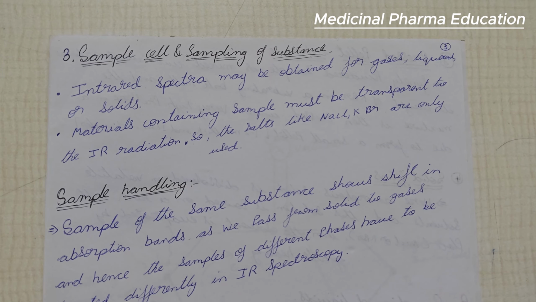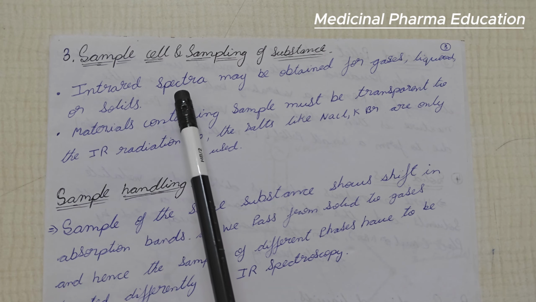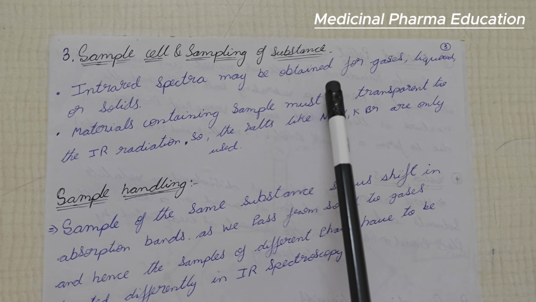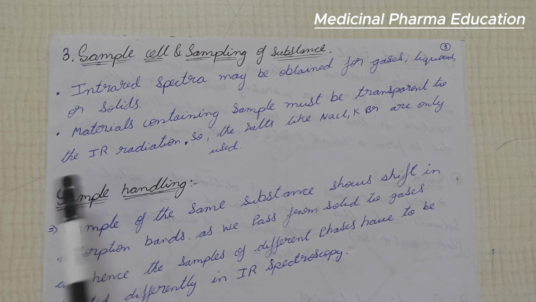We need the sample cell and sampling system because in IR, the liquid, solid and gas show different values. So sample handling is very required to make the readings accurate. Infrared spectra may be obtained for gases, liquids or solids.